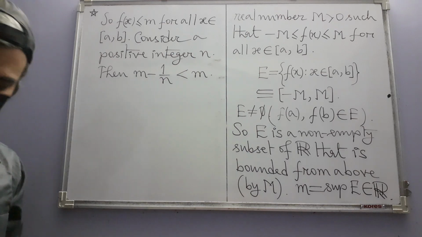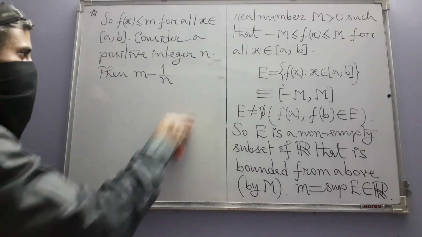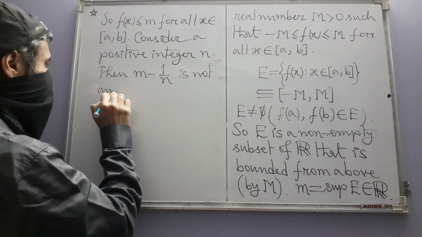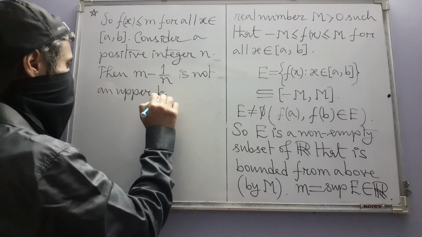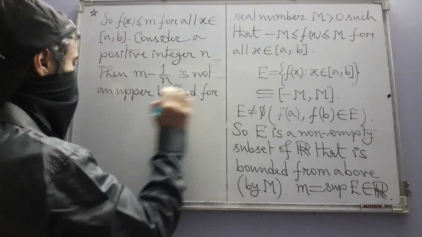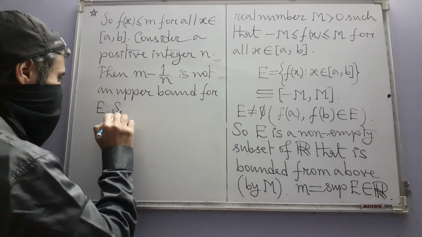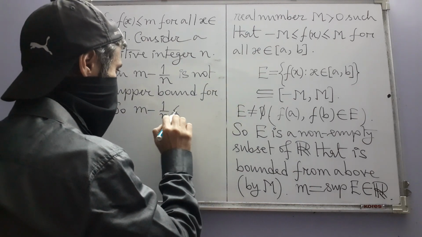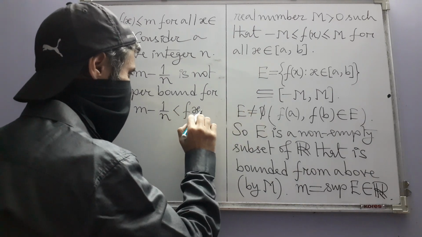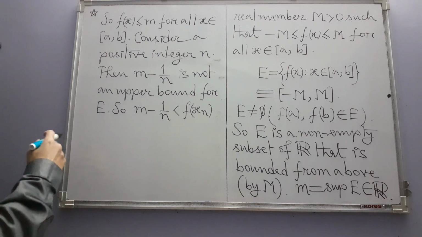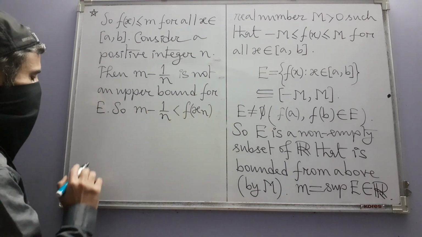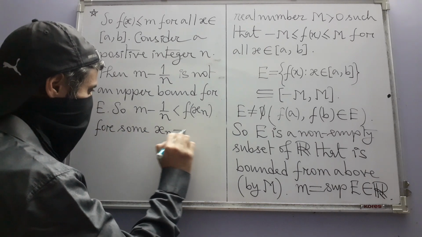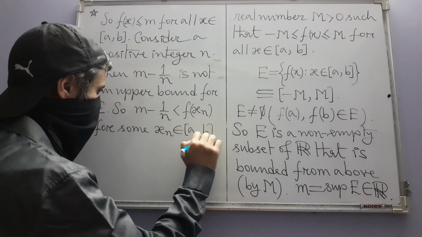Okay. Then this is not an upper bound for E. So at least one element of E, which of course is some f value, exists which will exceed this m minus 1 over n for some x in the domain.